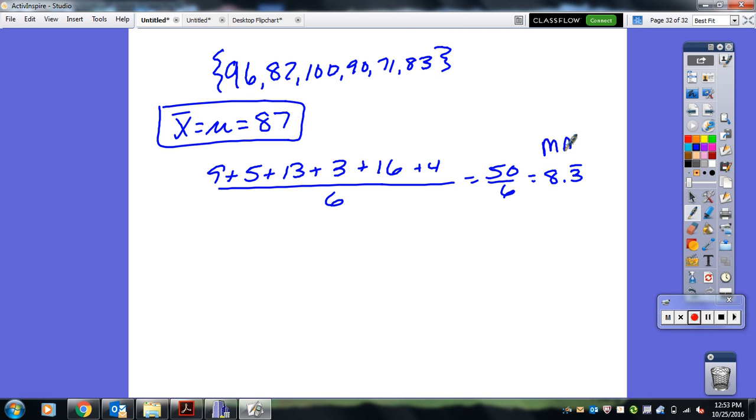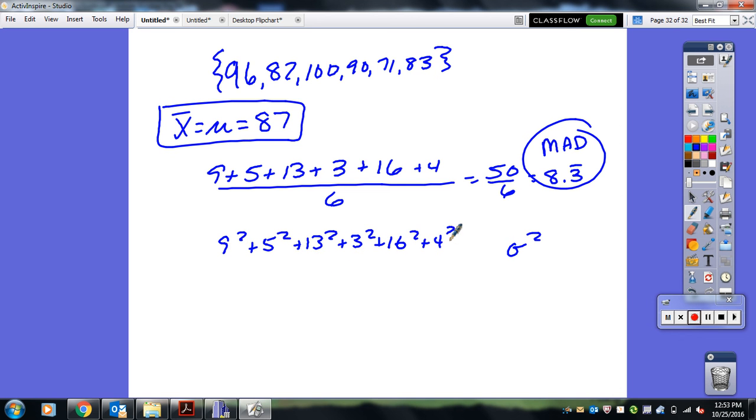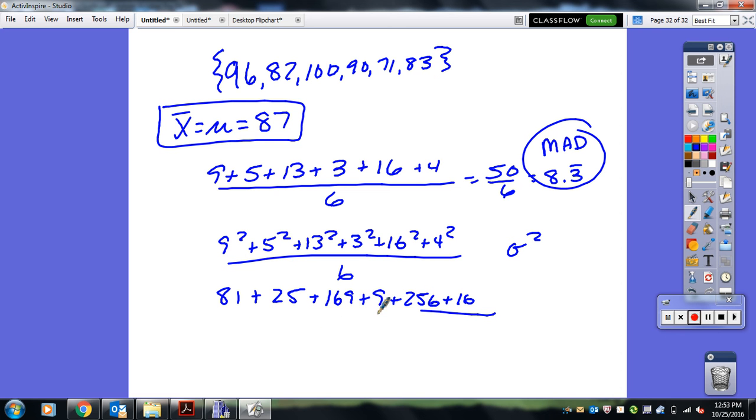This is again the mean absolute deviation. To find my variance, or sigma squared, it's literally the same numbers, except you square each of them first. Remember to square them first and then add. So it's 81 plus 25 plus 169 plus 9 plus 256 plus 16 divided by 6. That would be my sigma squared.